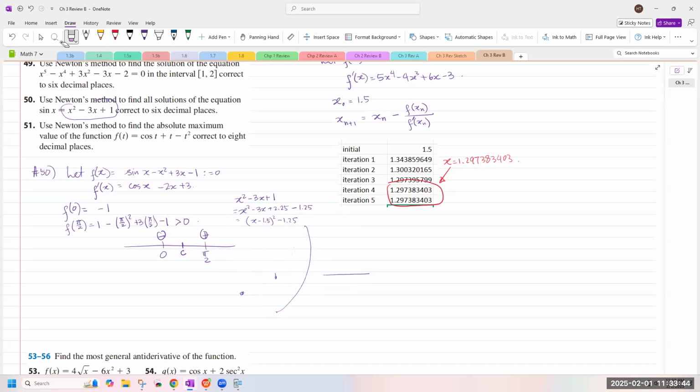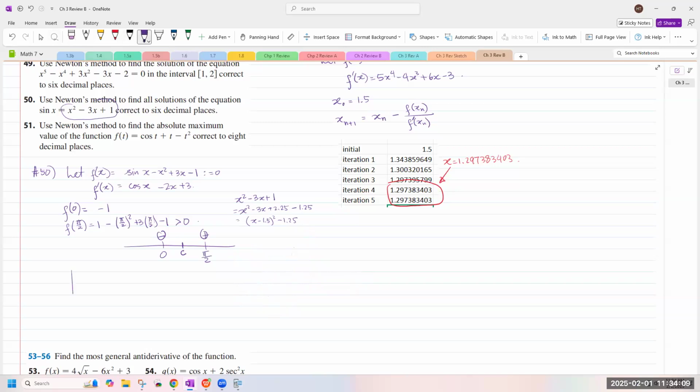Yeah, we know that one of them is between 0 and pi over 2, where this gives us a positive value. You know why I get confused?